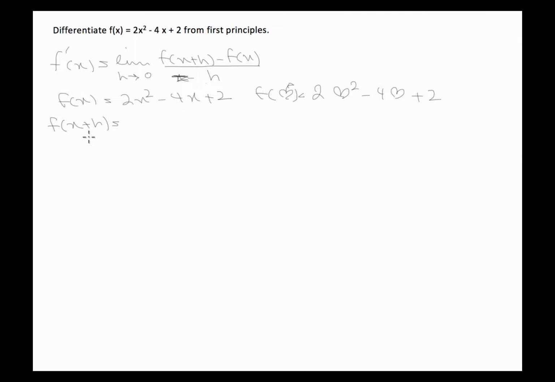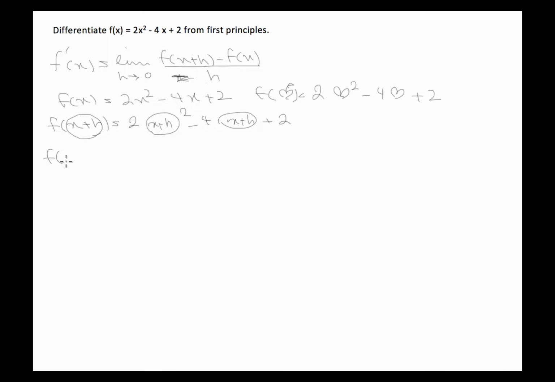So same with x plus h. It doesn't actually care that there's an addition there. It's going to look at this as a whole. It's going to square it, then minus, again your whole, and then add a 2. So in this whole, we're going to put x plus h.